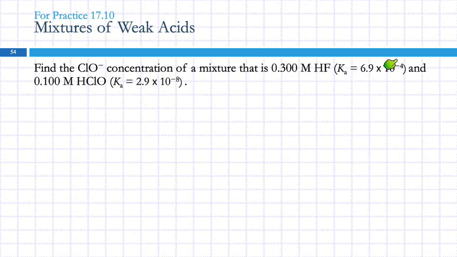The 10 to the minus 4 is bigger, right? So HF is stronger than HClO. Does that make sense?